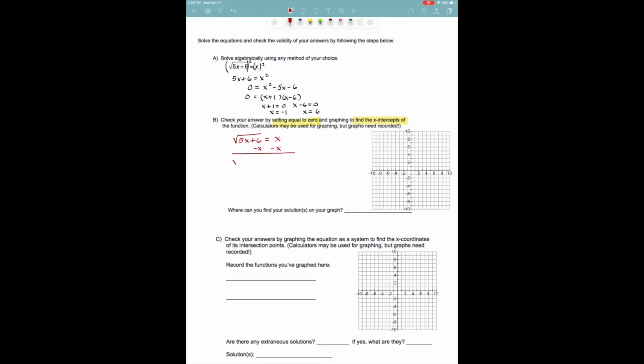And what you'll see here is we have the square root of 5x plus 6 minus x equals 0. Remember, we're just going to treat this like it's a function when we graph it. This is one you're going to want to use your graphing calculator for, because we have not gone over how to graph this type of function. So I'm going to click over here so you can kind of see where we're at.